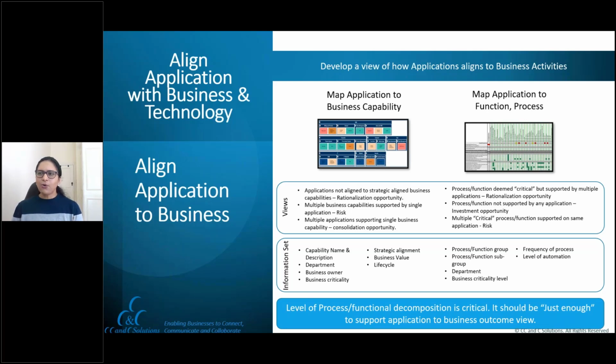But I think there is also a need to expand that business scope to also look at how the functionality of the application is being used by the business as well.